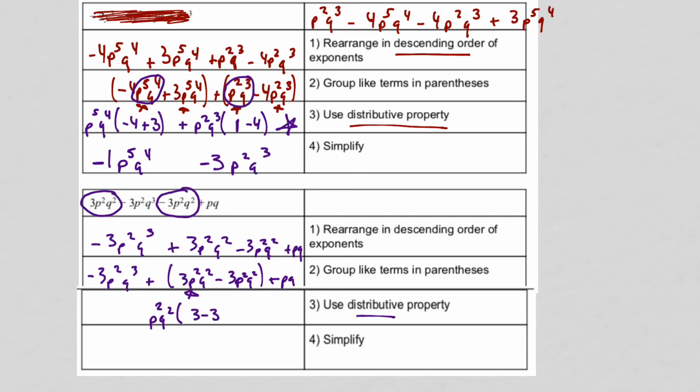And inside you have 3 minus 3. And right, what is 3 minus 3? That's 0. And 0 times p squared q squared is simply 0. So then this simplifies to negative 3p squared q to the 3rd plus pq.